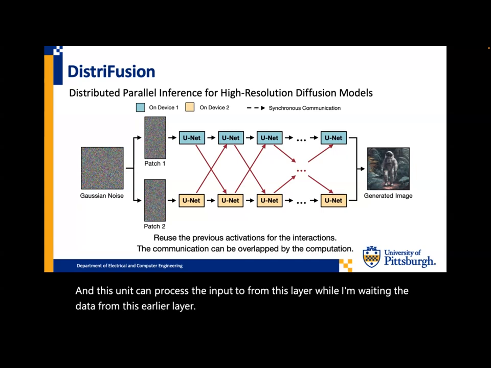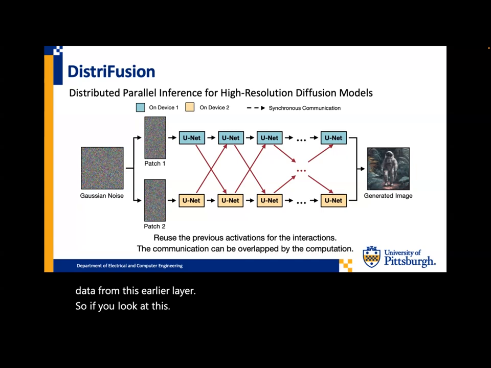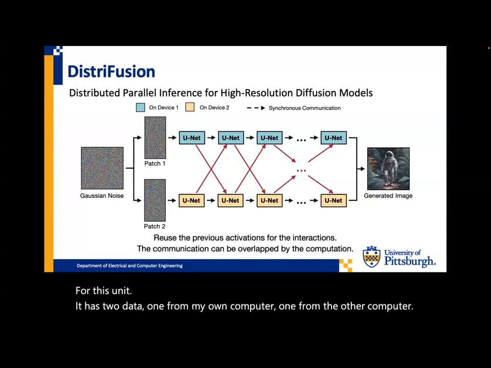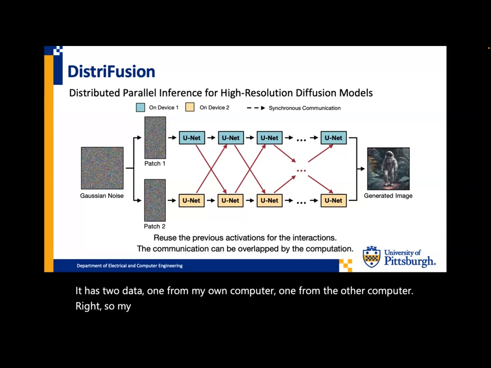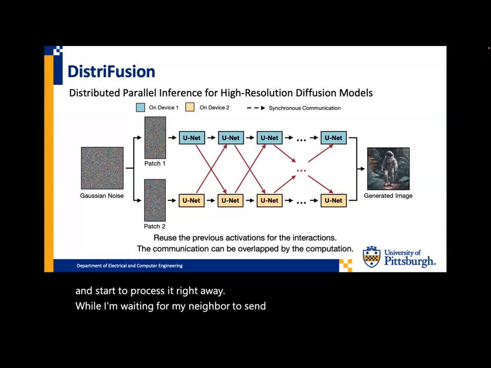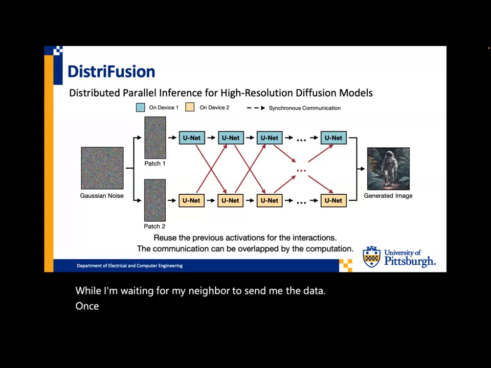So for this UNet, it has two data, one from my own computer, one from the other computer, right? My own computer's data is in my own memory, so I can start to process it right away while I'm waiting for my neighbor to send me the data.